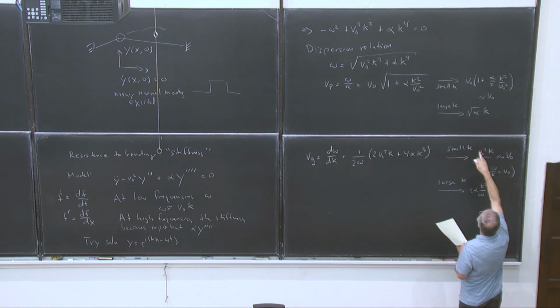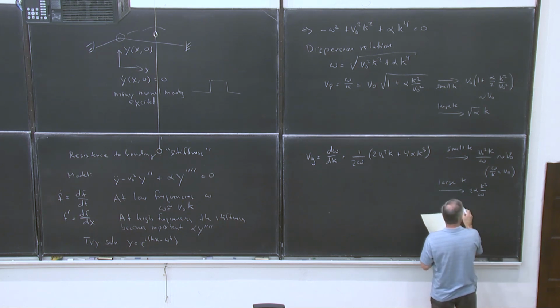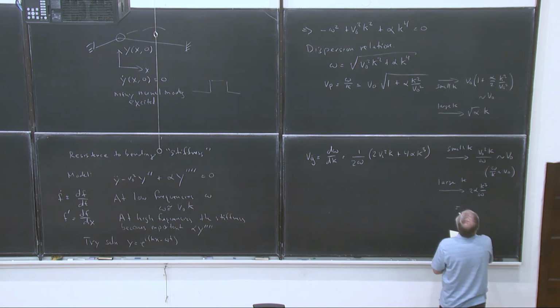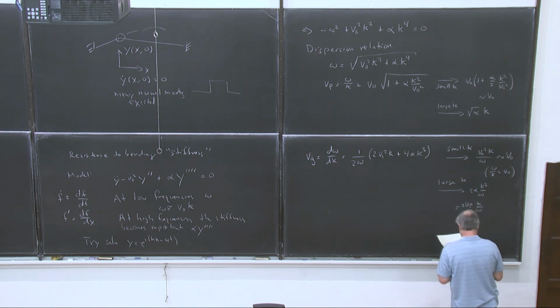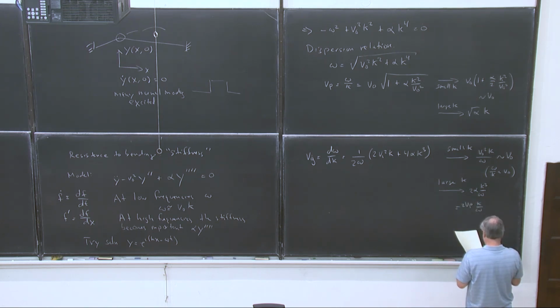So the alpha k squared is v phase squared, so that's, let's see, 2 v phase k over omega.